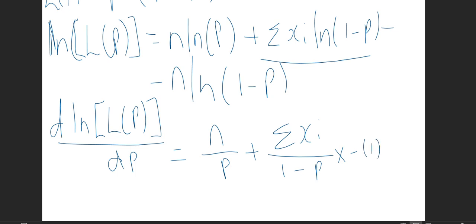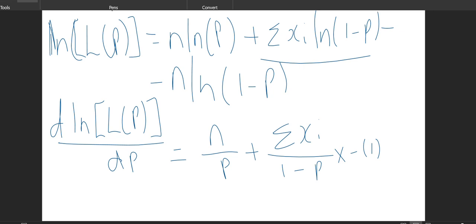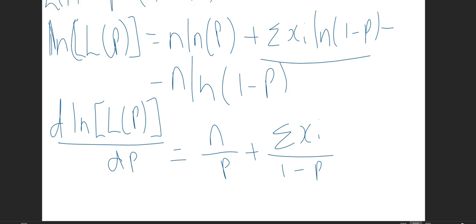So if we multiply that with negative 1, it's going to be minus here. The same thing for this one, it's going to be minus n divided by 1 minus p multiplied by the derivative of the inside, which is negative 1.